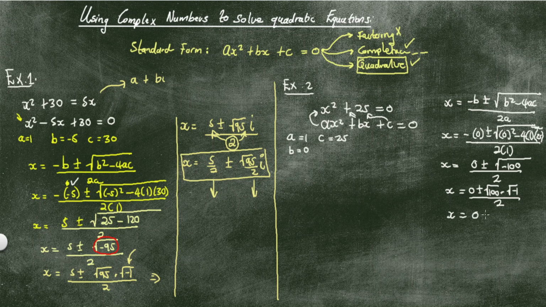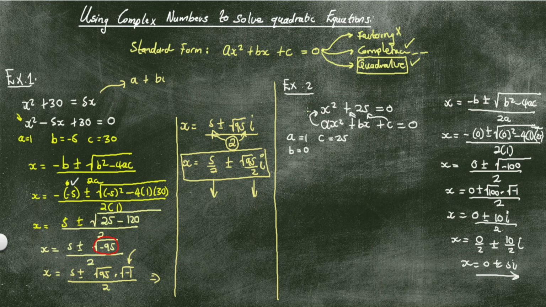X is equal to 0 plus or minus the square root of 100, that's 10, times i, divided by 2. Then x is 0 divided by 2 plus or minus 10i over 2. X is 0 plus or minus 5i. So this is my solution.